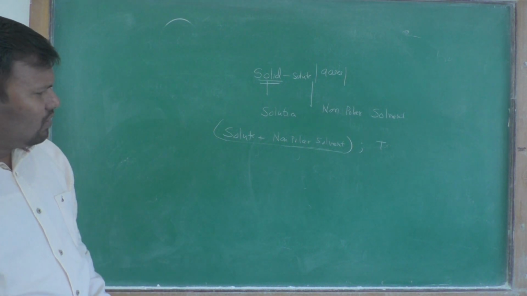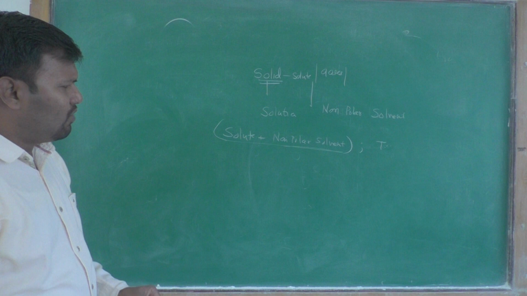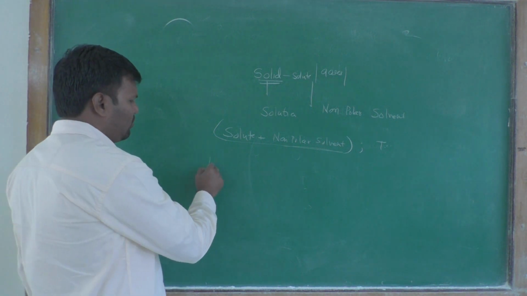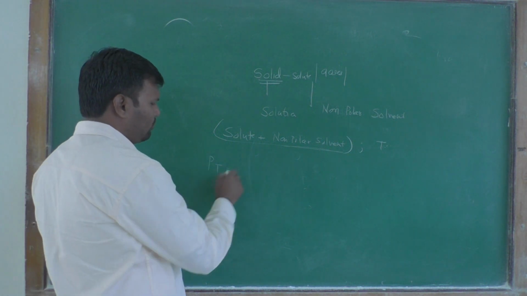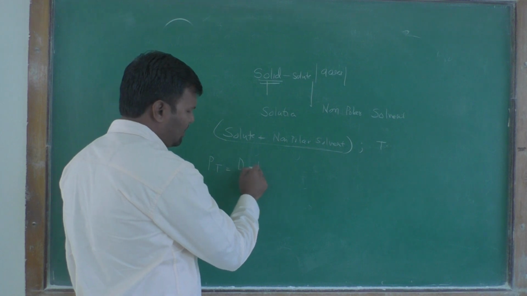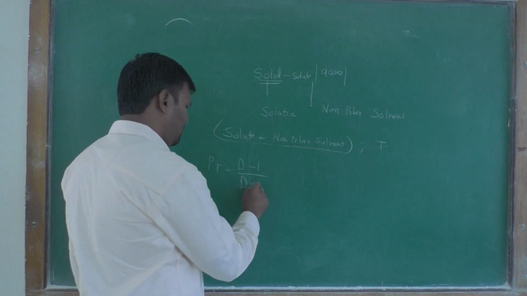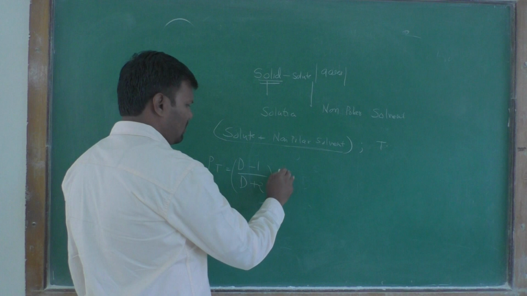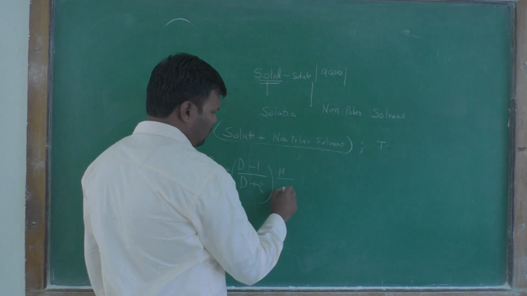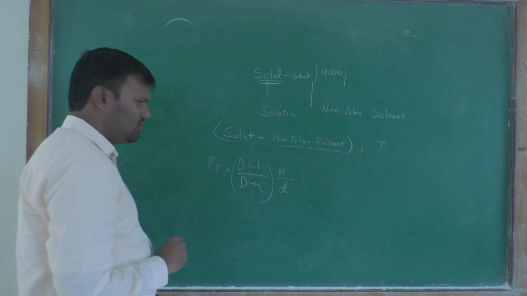Now we have the formula: the total molar polarization is equal to (d minus 1) upon (d plus 2) into molecular weight upon density.